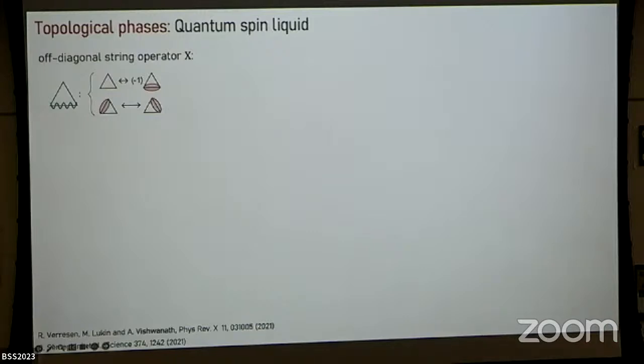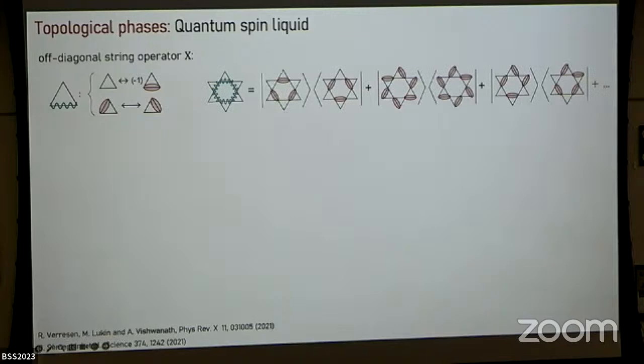But now, an interesting thing is, let's say that we take this definition and we apply the X operator along the hexagon of the Kagome lattice. Now, what you see is that what this X operator does when you apply it on a closed loop is to map a perfect dimer covering into another perfect dimer covering.